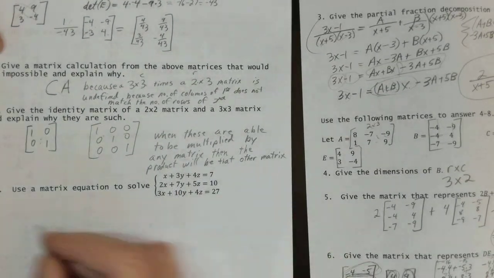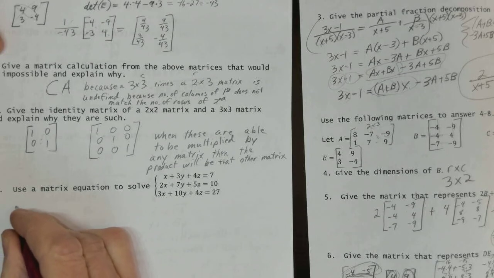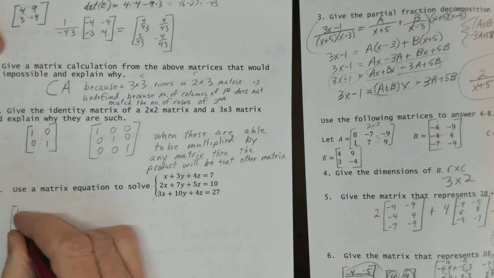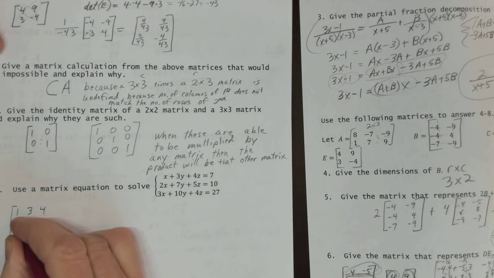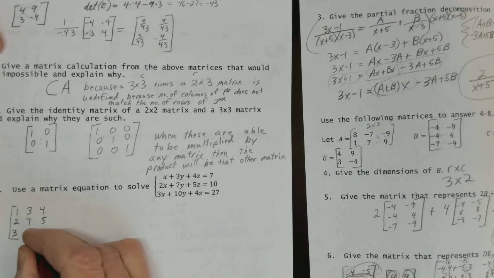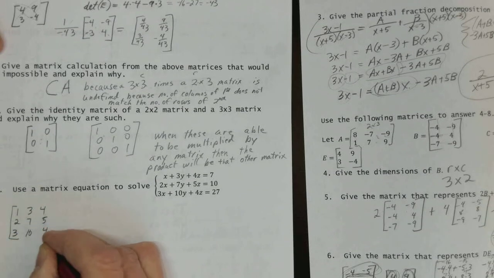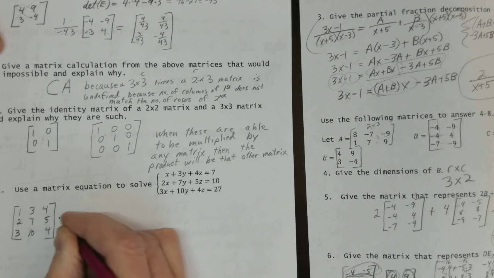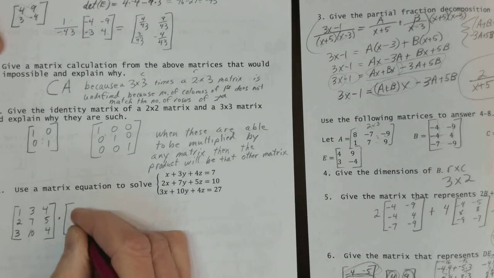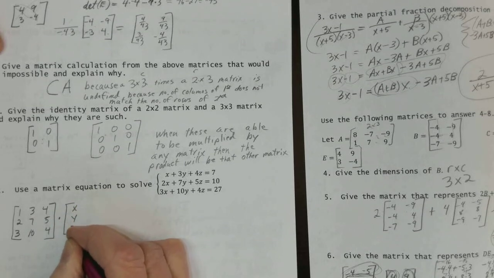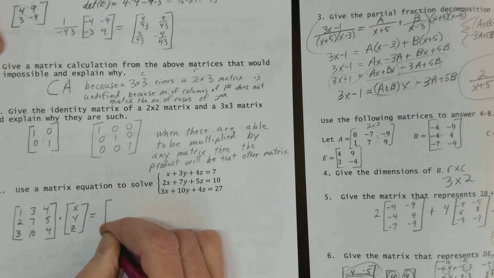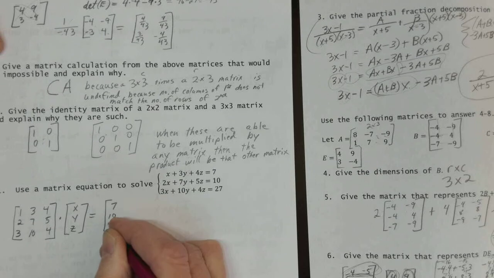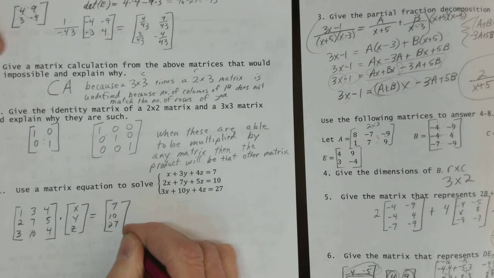Matrix equation 1. My coefficient matrix 1, 3, 4, 2, 7, 5, 3, 10, 4 times my variable matrix x, y, z is equal to my constant matrix 7, 10, 27.